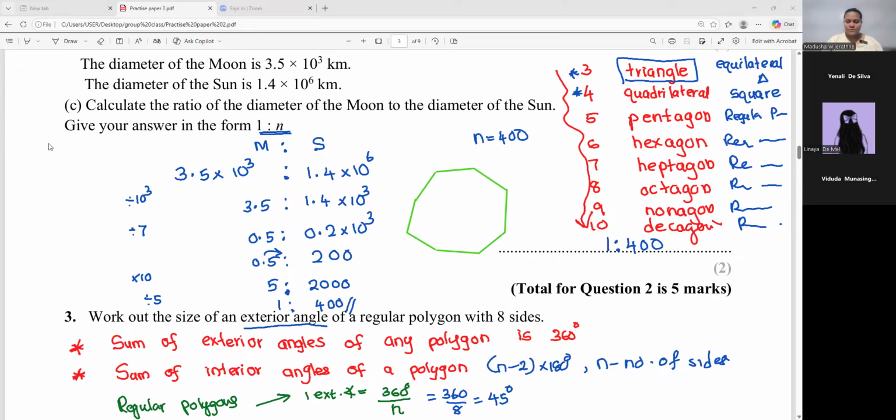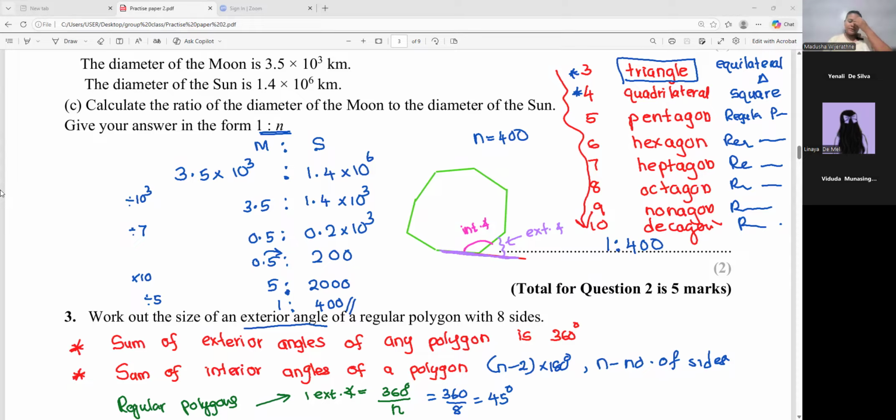Then if I produce one side in that way, this is the interior angle and this is the exterior angle. Interior and exterior are both on the same line.